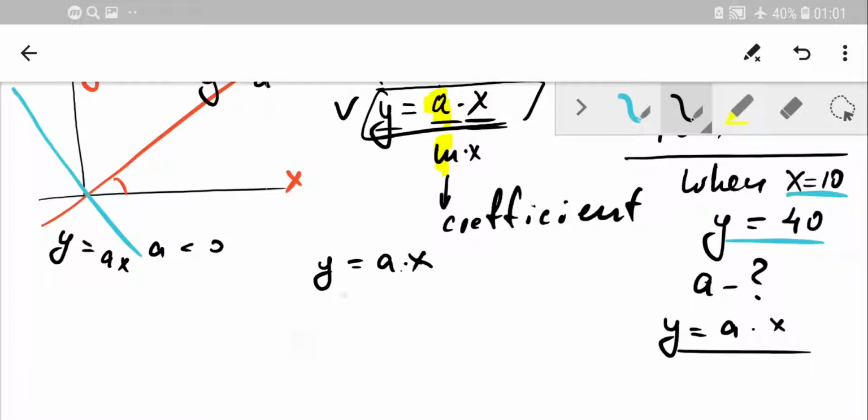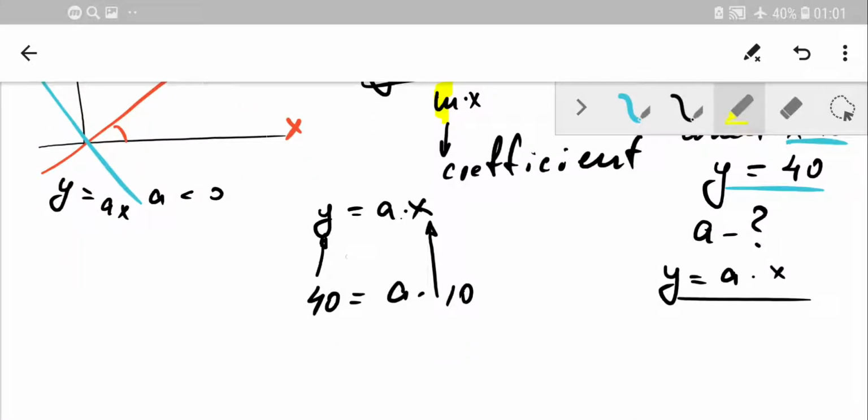Of course, we plug in 40 instead of y, and instead of x, we plug in 10. That's how it works. From here, you set up an equation for a. No more variables, no more y, no more x, because you already plugged them in. So a is just 40 over 10, and you can cancel. That means you have 4.